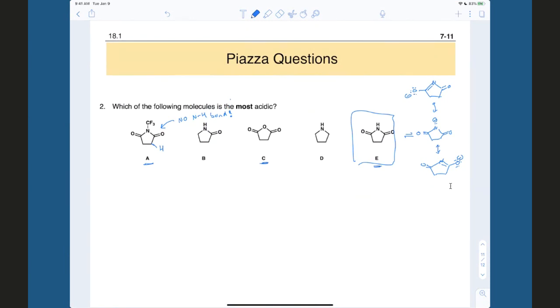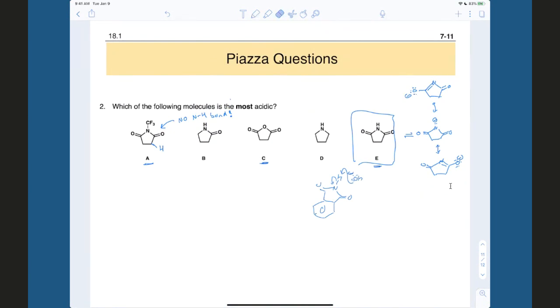The one case where we did see an imide in class in this topic was in the Gabriel synthesis. And we could use actually pretty weak bases like hydroxide to take this hydrogen away because it gets this resonance delocalization.